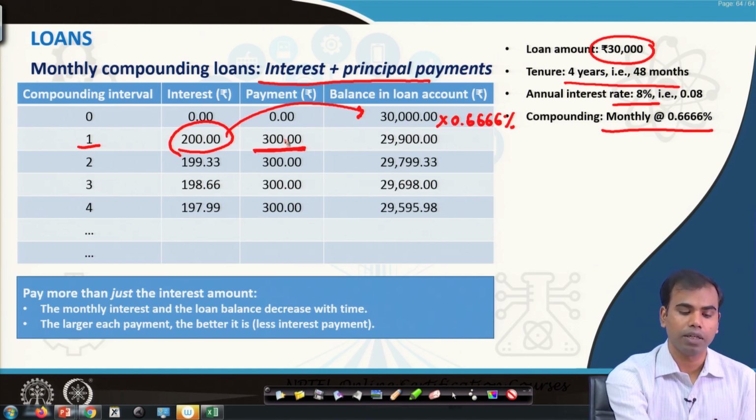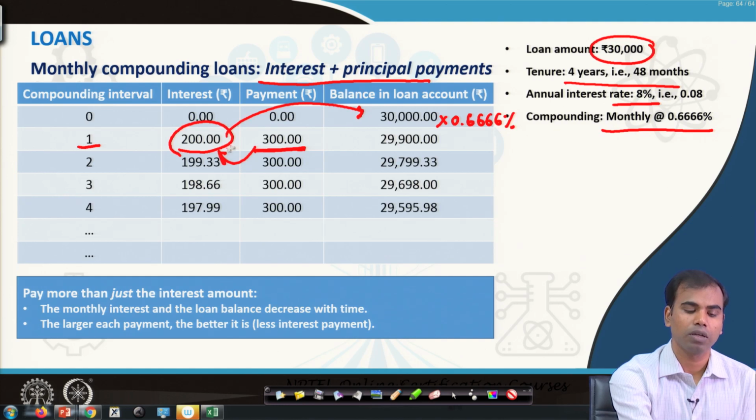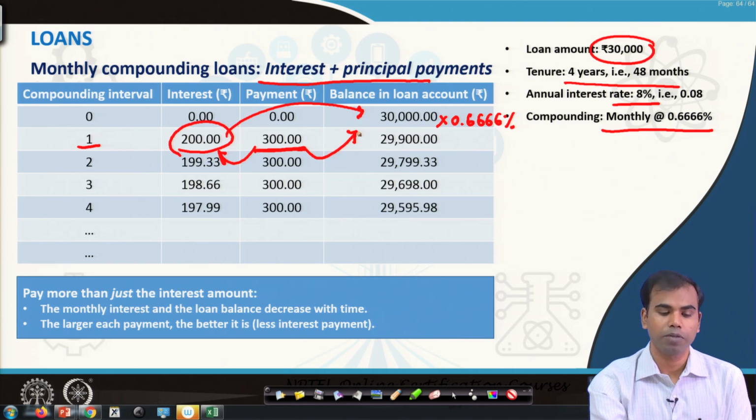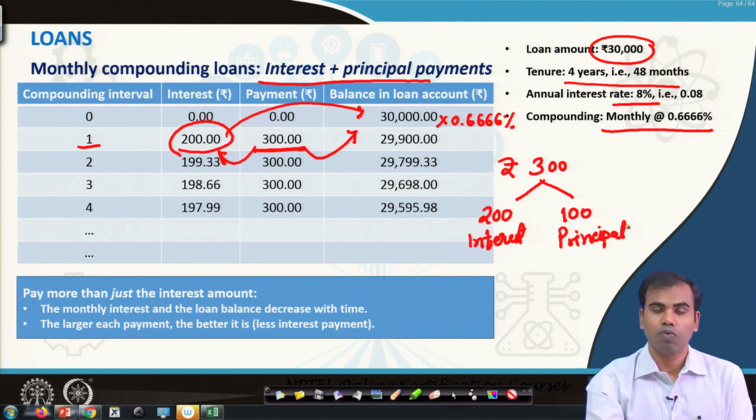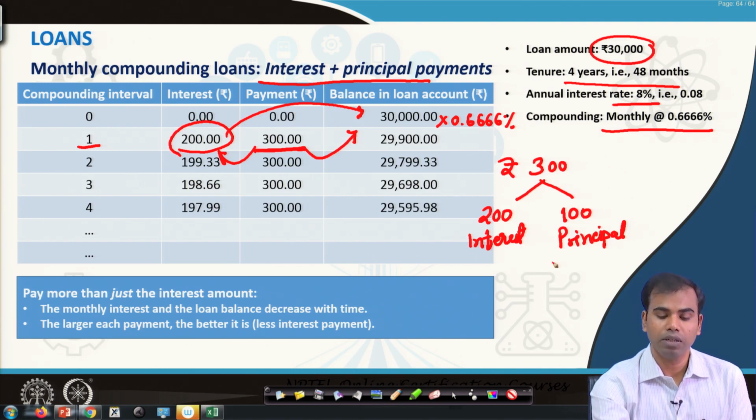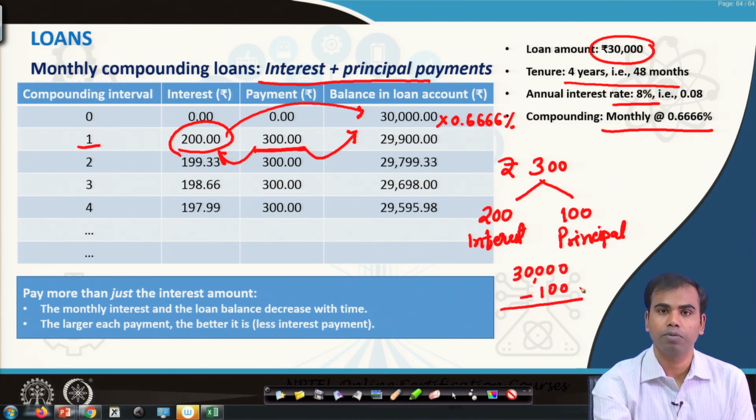Now, out of this 300, 200 will be going towards interest payment and the remaining 100 will be going towards principal payment. So, when you pay 300 rupees as your monthly payment, 200 will be charged towards interest and the remaining 100 will be charged towards principal, which means at the end of one period the principal amount will be reduced by this 100 rupees that you have paid towards principal.